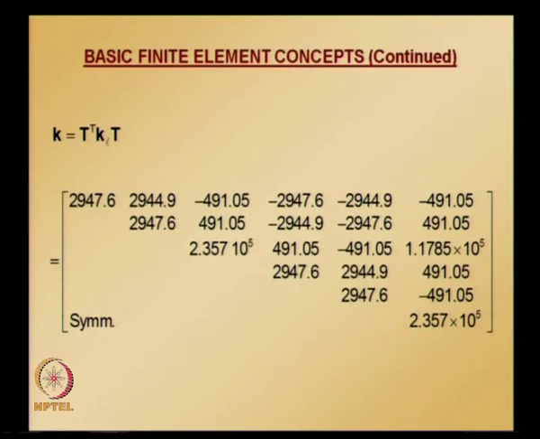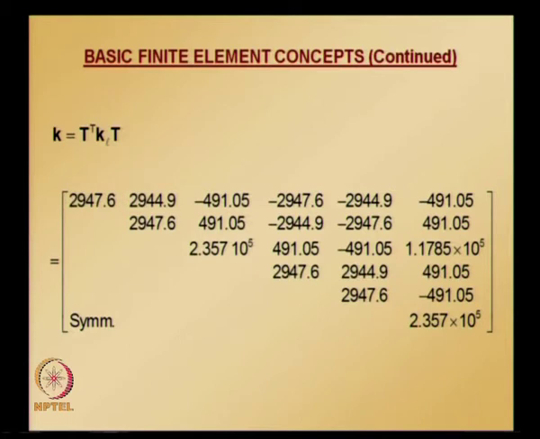So the total global equation system will be 9 by 9, but instead of assembling the 9 by 9 system, we can adopt a smart way: at the time of assembly itself, we can directly assemble the reduced equation system, noting the degrees of freedom which are fixed.